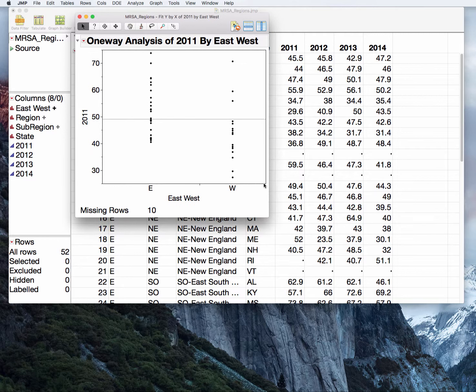Essentially, what it shows you here are the points of our percentage resistant for each of our states in the east and west regions. You'll notice here that east takes up more of the x-axis than west. This is called a proportional axis. East has more states than west, but you generally won't do that for publication, and you'd want them to be equal.